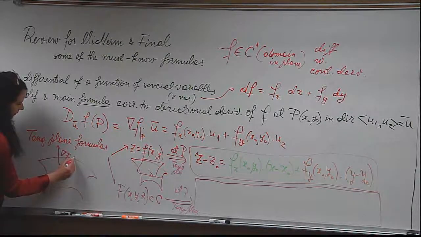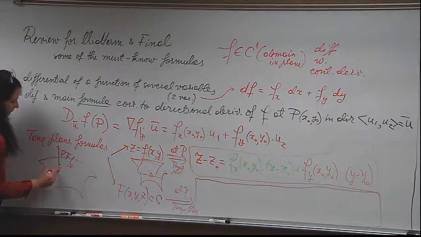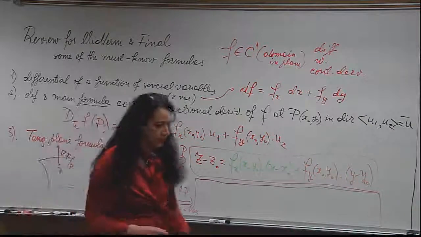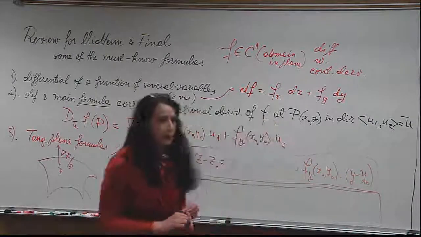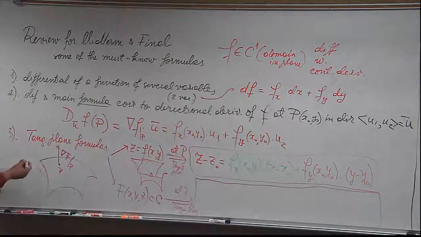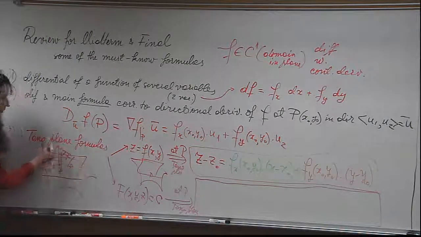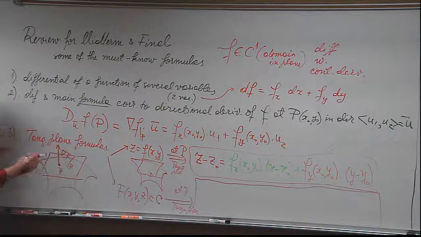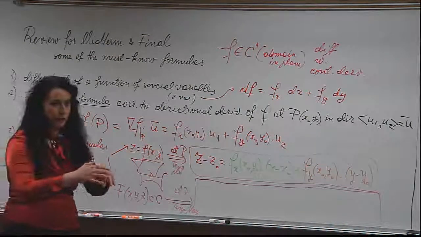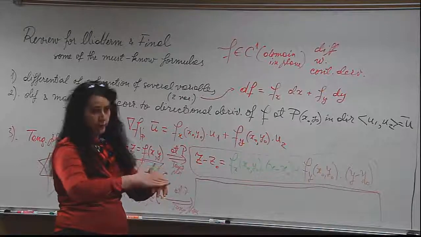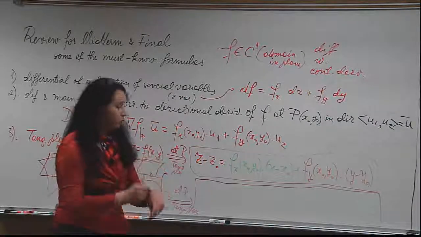Okay, at P. And the tangent plane represents a what? The tangent plane represents exactly the perpendicular plane that passes through the point P and is orthogonal to the normal. So you're going to have your surface, your normal, and the tangent plane, which is perpendicular to the normal.